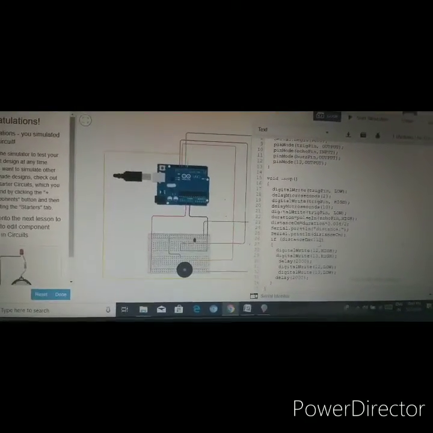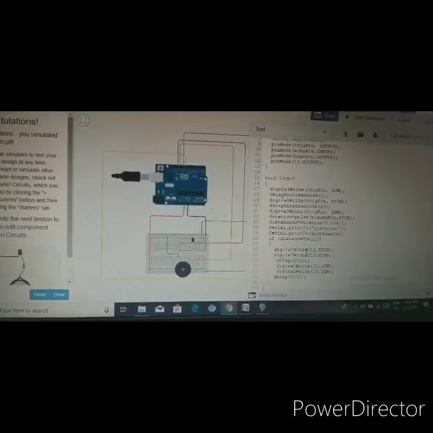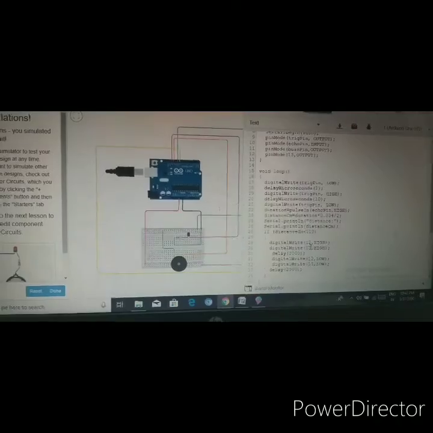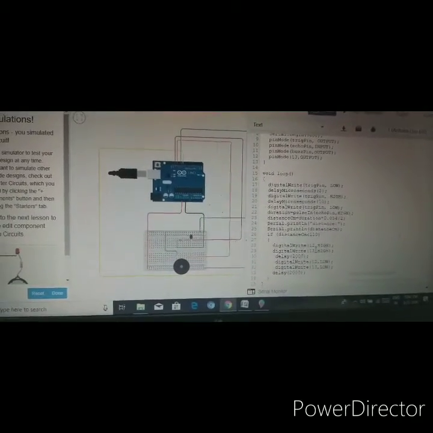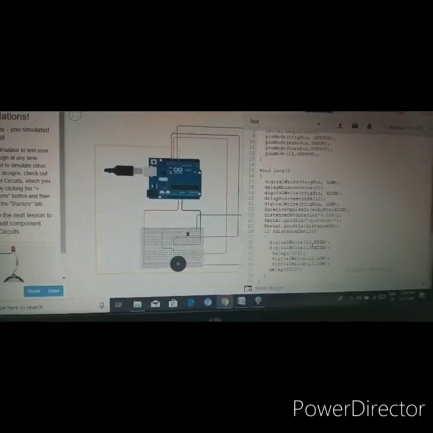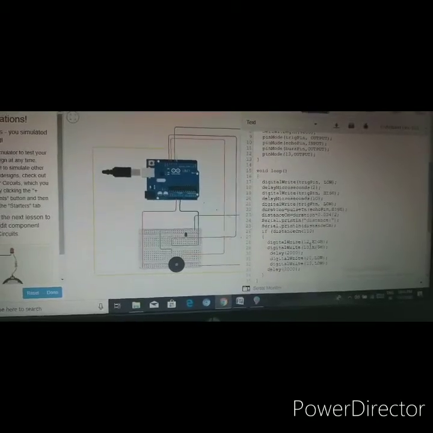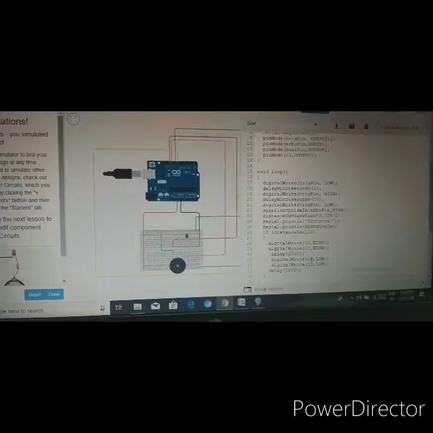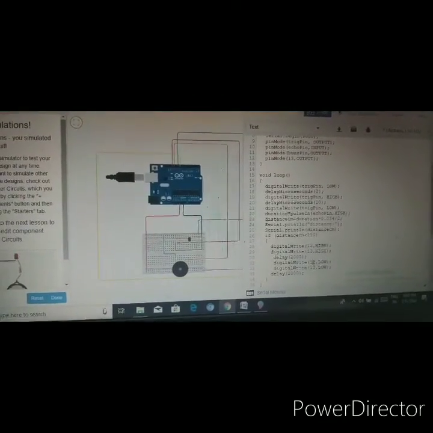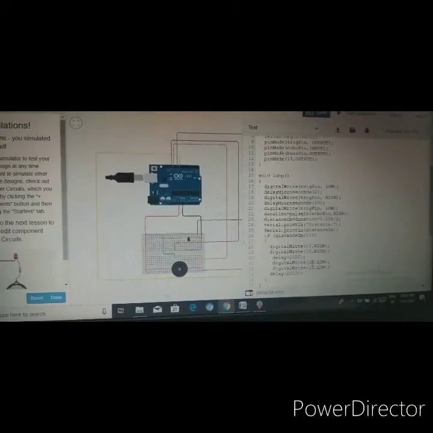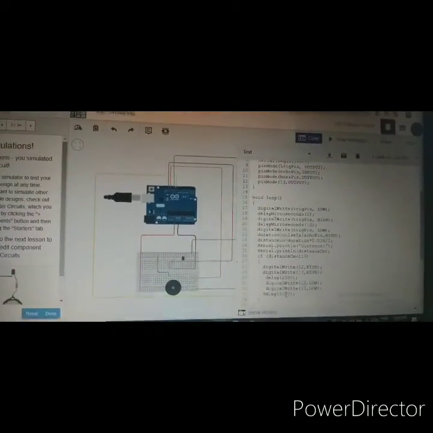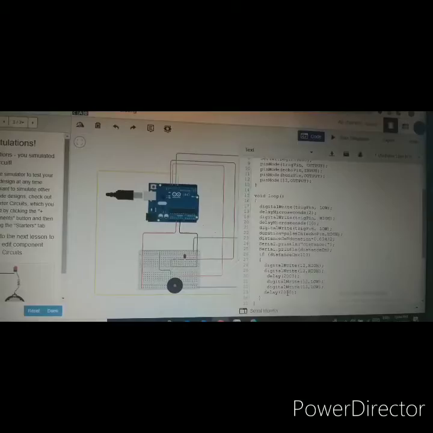So we made the 12th pin and 13th pin, which are of the buzzer and LED respectively, high. Then we put a delay, and after that we made these pins low for a few seconds and then again high. After completing the circuit, now we should move to the simulation part, how it works.